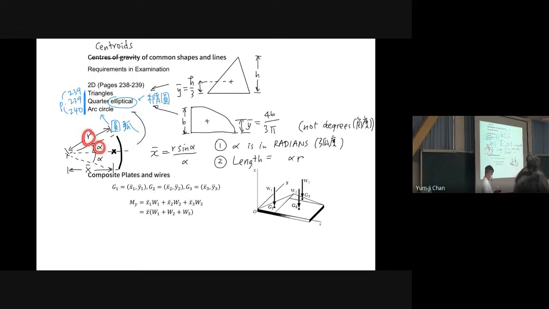Remember that the total arc length, the angle here is 2 alpha, so the arc length is 2 alpha r, and the arc is going from minus alpha to plus alpha.